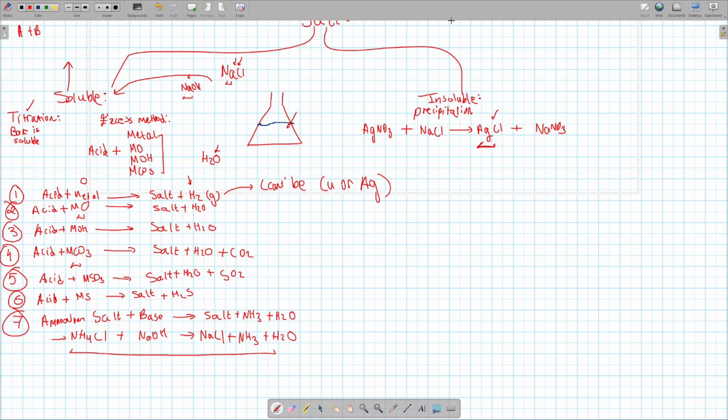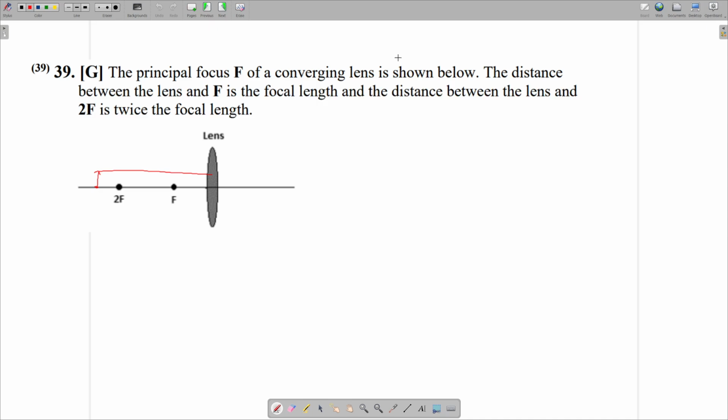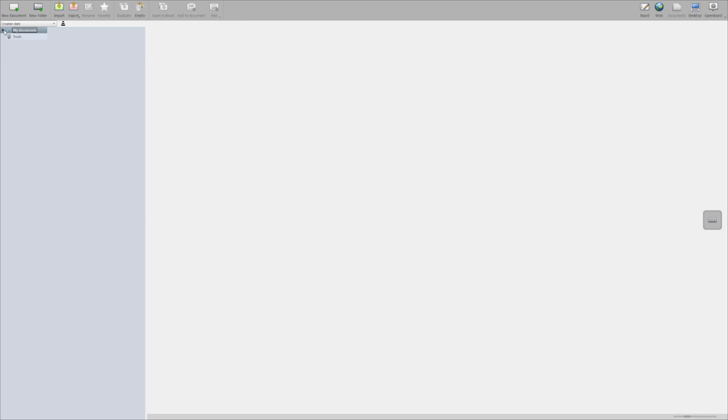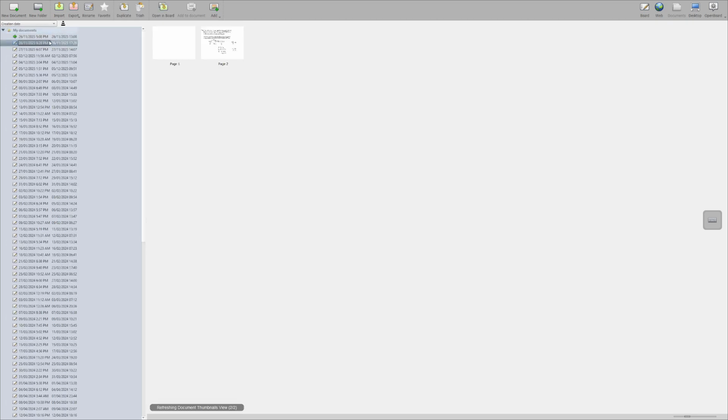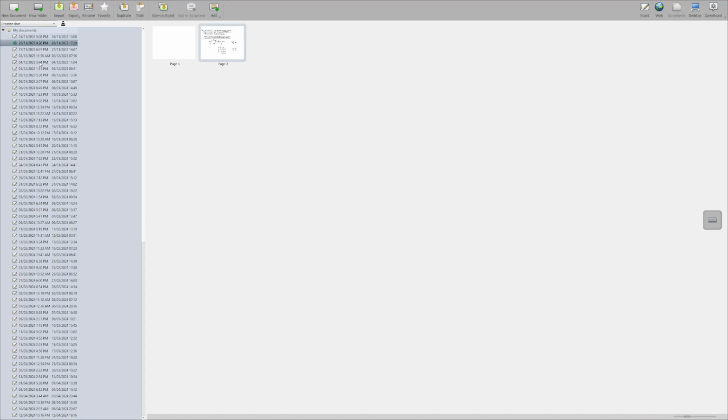I think I can pull up my notes. Today is, oh, I can go back to November. Oh my god. How far can I go? I've got to start deleting these. What's this, Arnold and Richard? This is physics, grade 10.